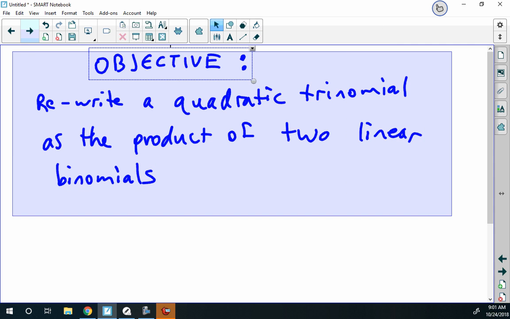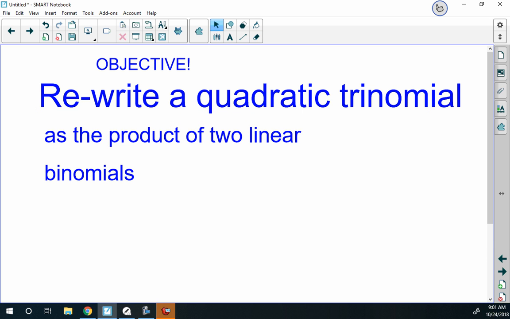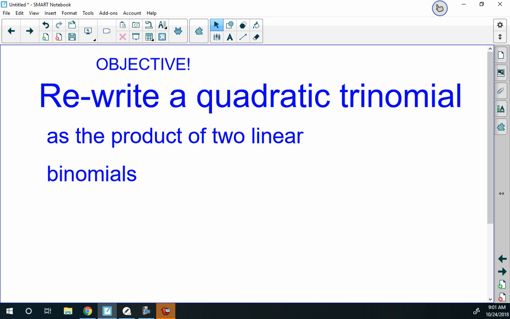That's what we're going to be doing. We're going to be rewriting a quadratic trinomial as the product of two linear binomials. That's what factoring in this context is all about. We're essentially just going to rewrite something that has three terms, a quadratic, as the product of two linear binomials. So to give you a more concrete example of that, we're going to have something like x squared plus bx plus c.